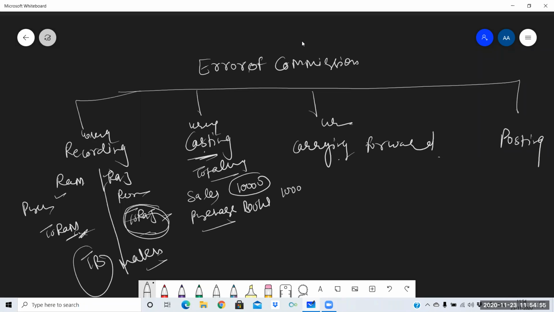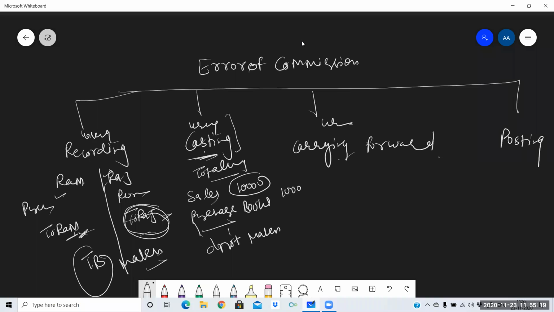So 10 times more or less. It means the wrong casting. Totaling is wrong. So by mistake, we have written one more zero or one less zero. Then it will be known as wrong casting, and this will also affect the trial balance. Trial balance will not match.